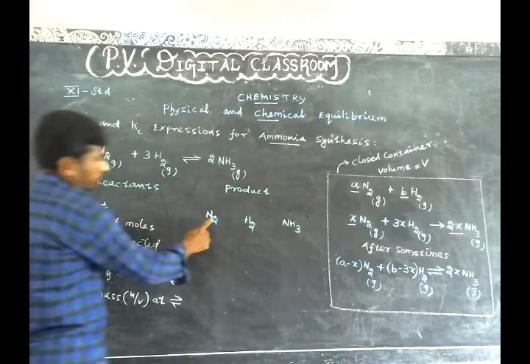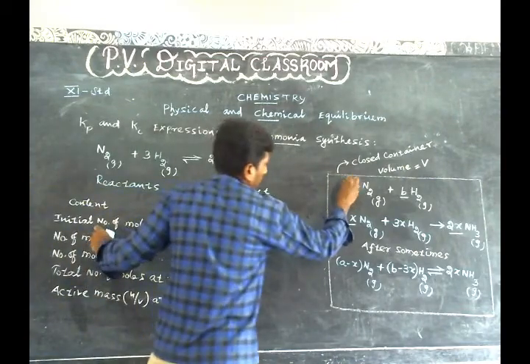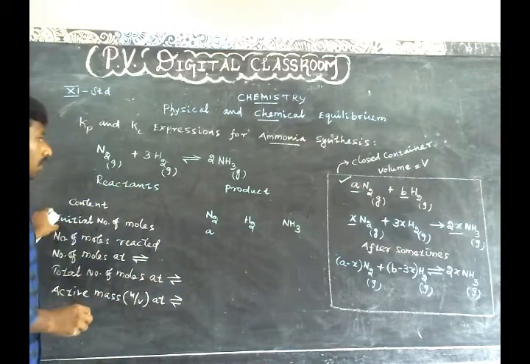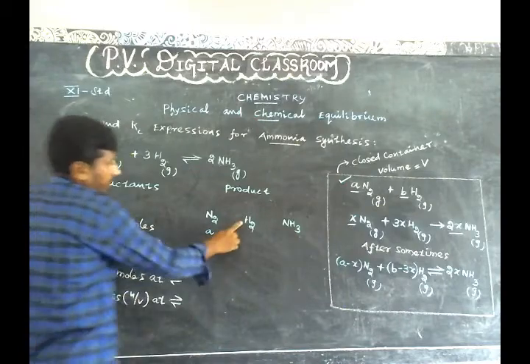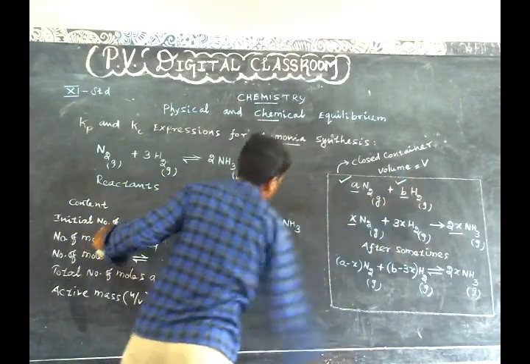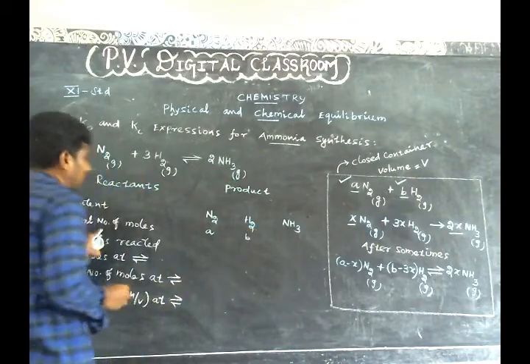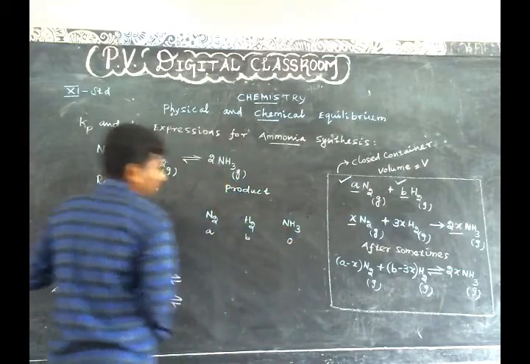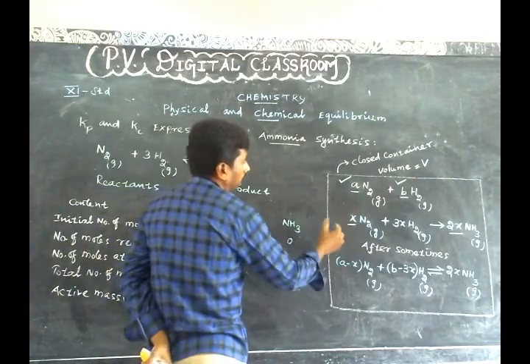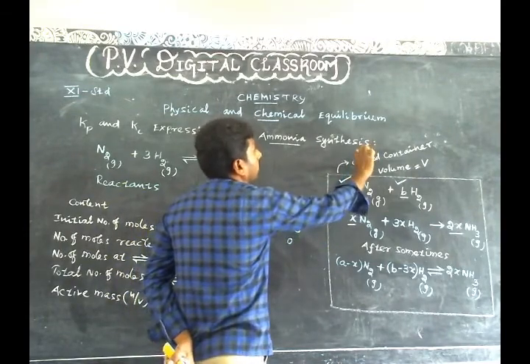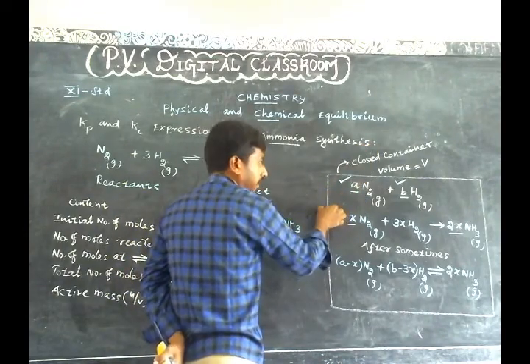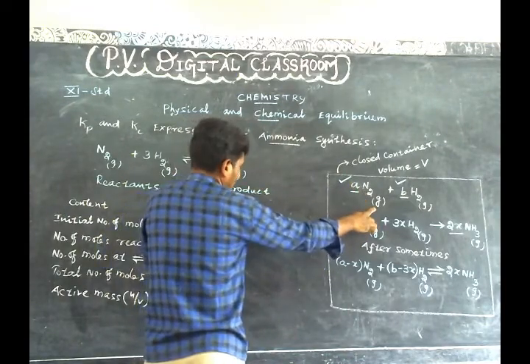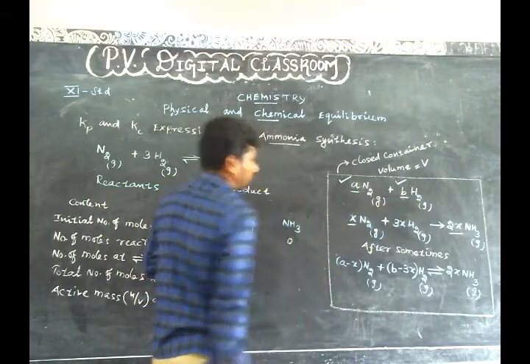The initial number of moles of nitrogen gas is A. Then the initial number of moles of hydrogen gas is B. Then the initial number of moles of ammonia gas is 0, since initially the reaction container contains only A moles of nitrogen gas and B moles of hydrogen gas.